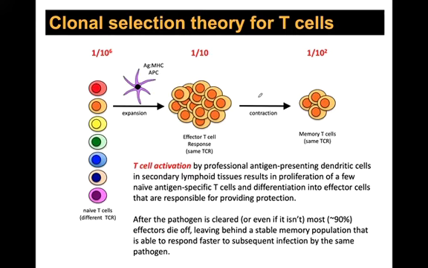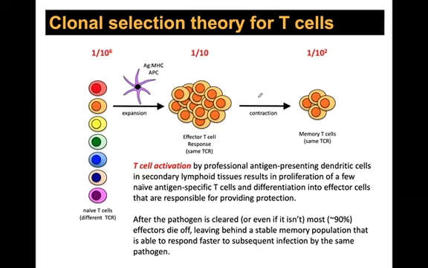Okay, so T cell activation in the lymph node is by these professional antigen-presenting cells. Just a very few naive antigen-specific T cells are going to recognize antigen, but then they proliferate so much that they form a very potent population. Now, what we've discovered is that after the pathogen is cleared, or even if it isn't, most of these effectors die off. And that comes back to the reason that these cells are too dangerous.